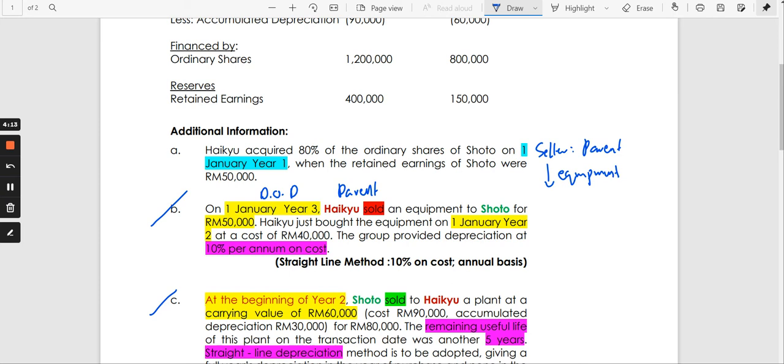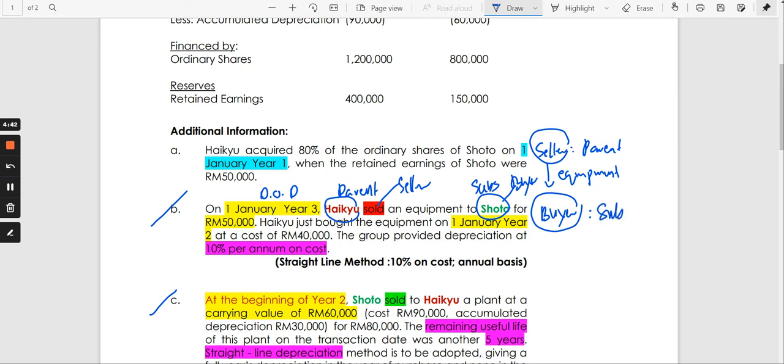Shoto is the subsidiary, Haiku is the parent. So Shoto is the buyer and Haiku is the seller. So the parent company is the seller, and the subsidiary is the buyer.